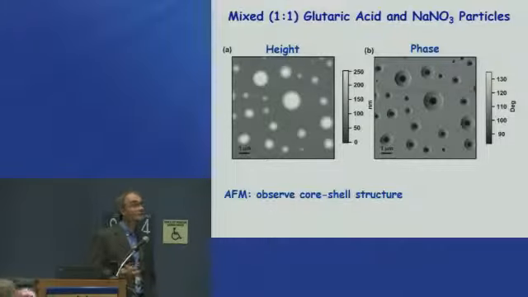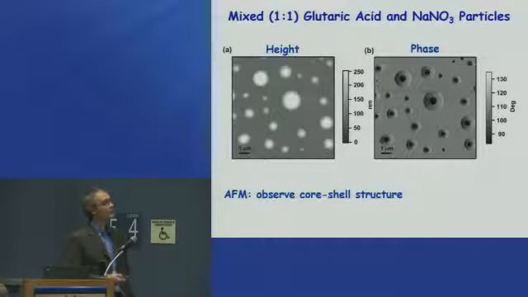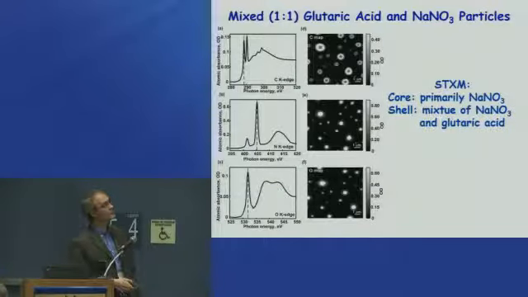Now, AFM does not really tell you what exactly we have. So we can suspect that one probably corresponds to an organic component and another one to an inorganic component. And so this is where we turn to X-ray microscopy, which allows us to differentiate these two.